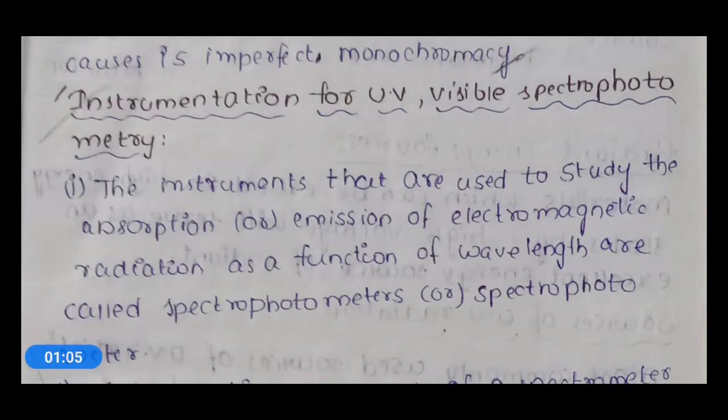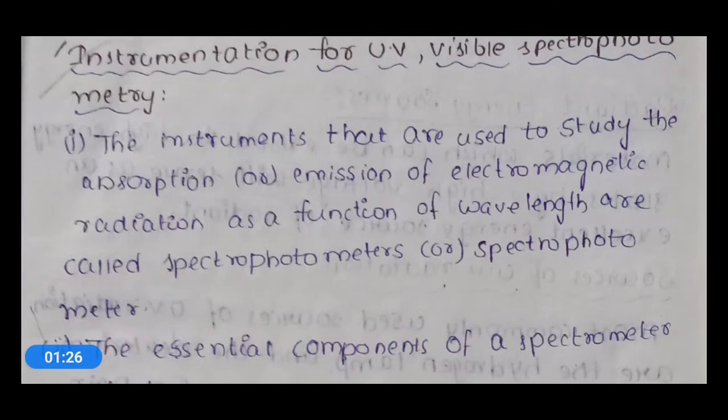Here the instruments that are used to study the absorption or emission of electromagnetic radiation as a function of wavelength are called spectrophotometers or spectrometers.